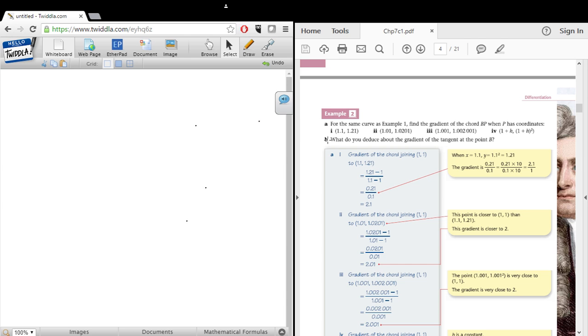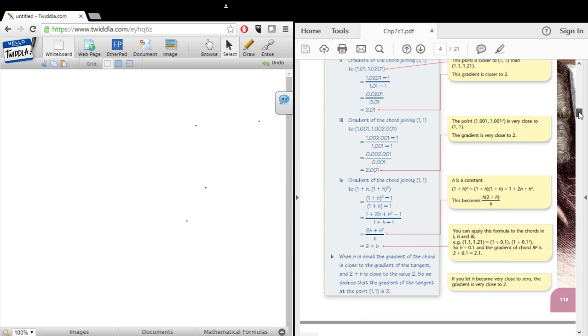So again, you're just taking these points here, the gradient of the chord joining 1, 1, and you use them as 2 points, and you go through the same procedure. Then you carry out this process, and you'll get this answer.